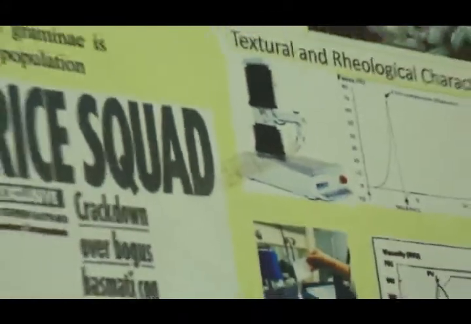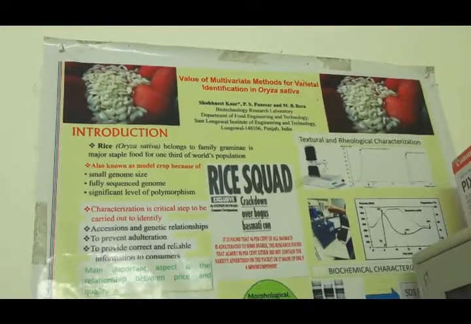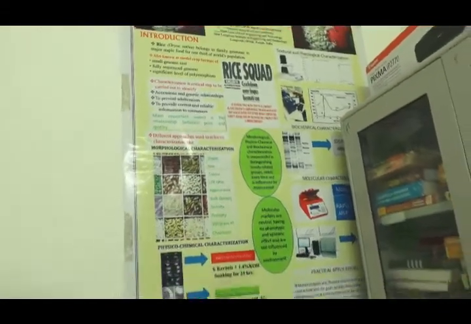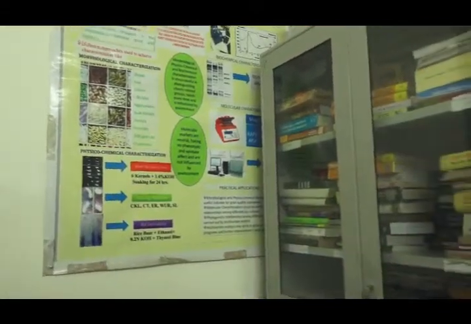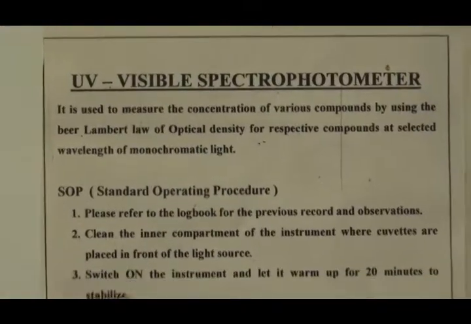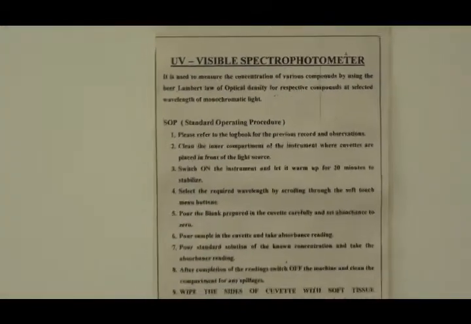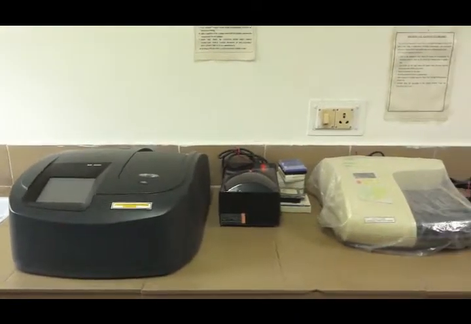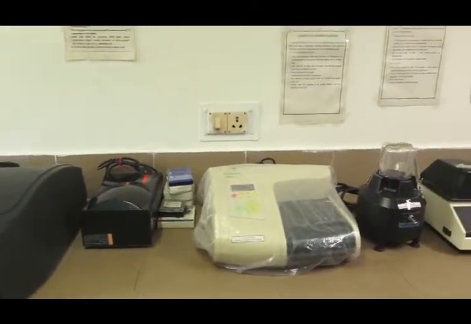So first of all, here we have the UV visible spectrophotometer, used to check the absorbance of various food materials. Next, we have the microplate absorbance reader, which is basically used in immunoassays with colorimetric substances such as ELISA and protein assay for measuring absorbance.